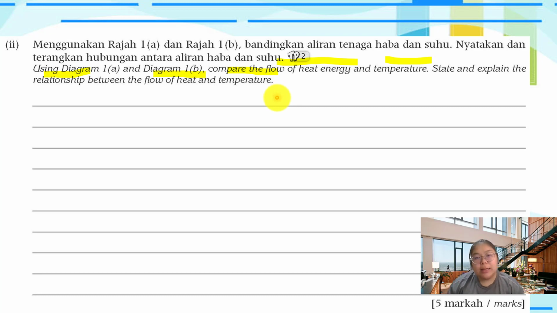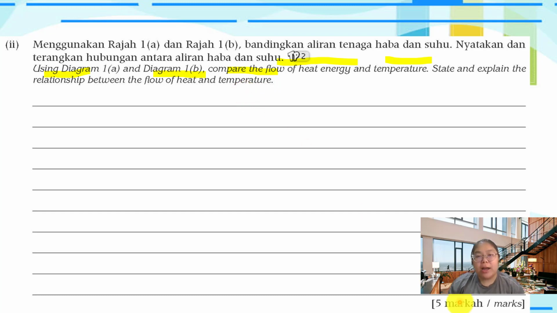From the second diagram, both become almost the same temperature, and the heat flow is also the same, so the net heat is 0. So the relationship: the higher the temperature, the higher the heat flow.